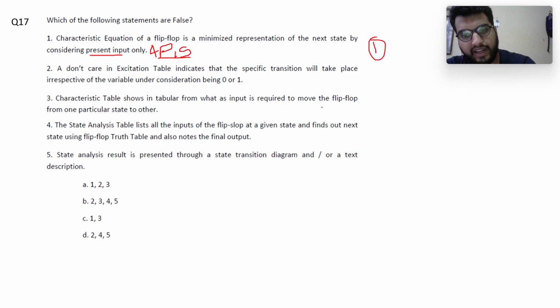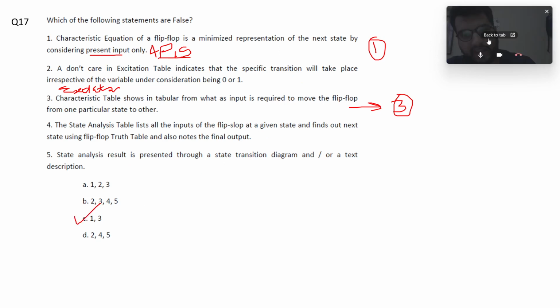And also the third statement is incorrect. The third statement states the characteristic table shows in tabular form what input is required to move a flip-flop from one particular state to another state. In reality, it's the excitation table that shows us what input is required to move from one state to another. So 1 and 3 are incorrect and the rest of them are correct. So 1 and 3, so option C is the answer to this question.